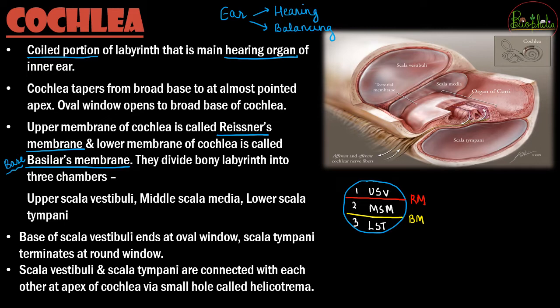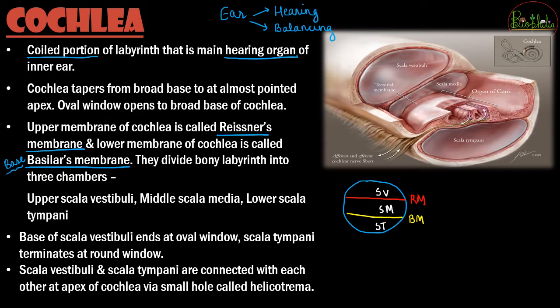So just to remember the arrangement, the name is upper, middle and lower, but what you have to remember, scala vestibuli is the upper, scala media is the middle one, and the scala tympani is the last one. So this way the bony labyrinth is going to be divided because of the membranous labyrinth.